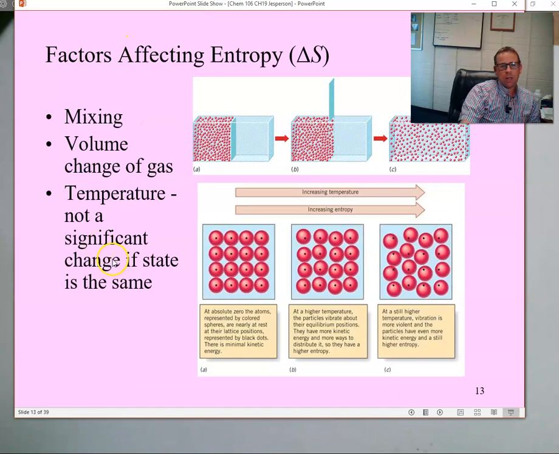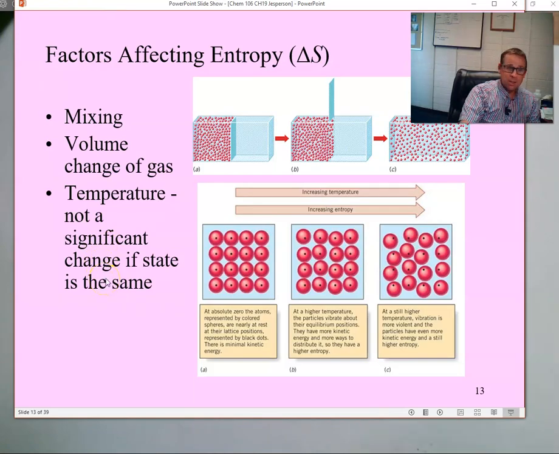Okay, so what are things that can affect entropy? Mixing, the volume change of a gas, right? Temperature is not a significant change if the state is the same. So if we increase the temperature, but we don't actually go from solid to liquid or liquid to gas, then that temperature change doesn't really make a huge change.